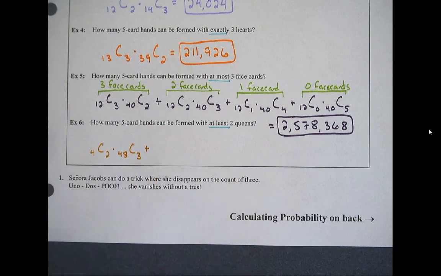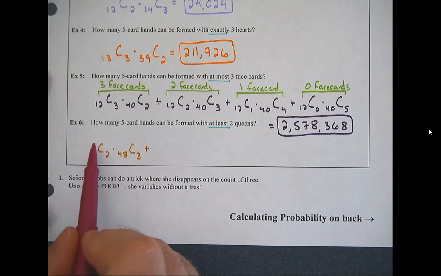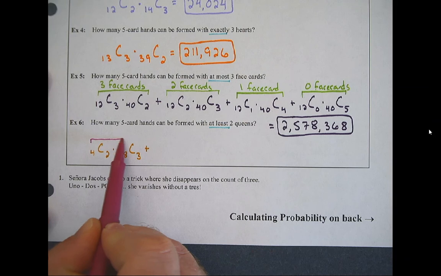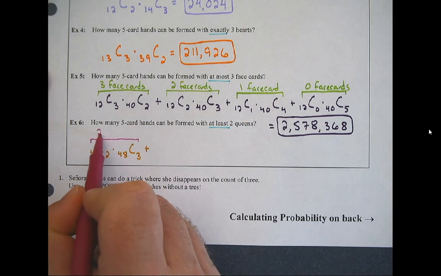Or, so let me just highlight this. I kind of like what I did in the last one. This represents what? 2 queens.